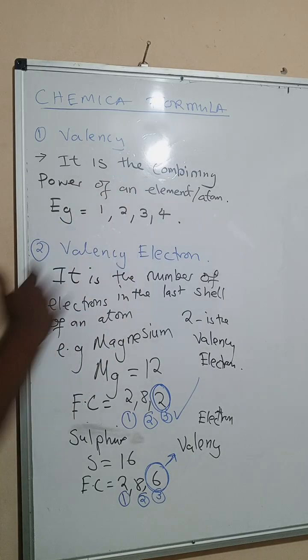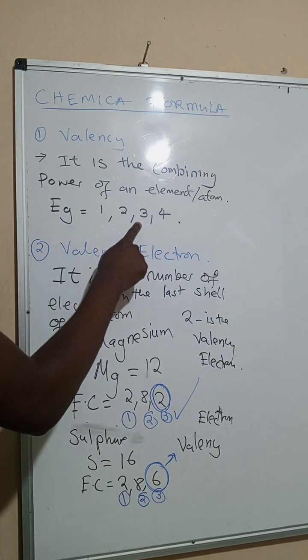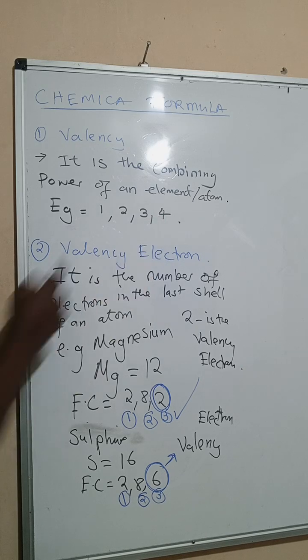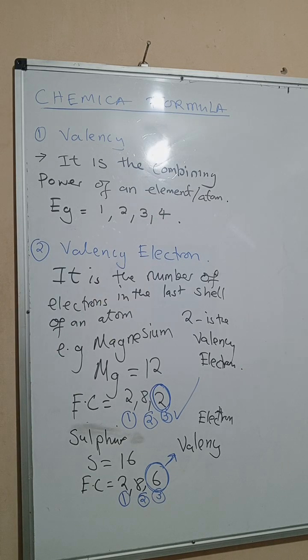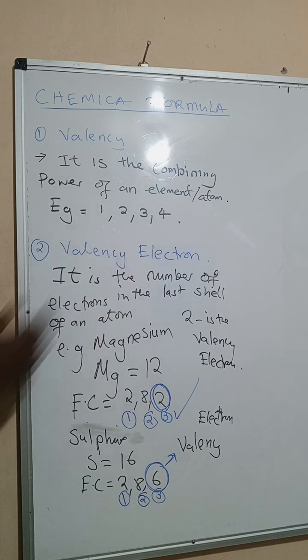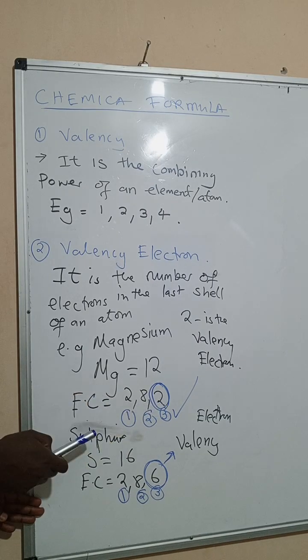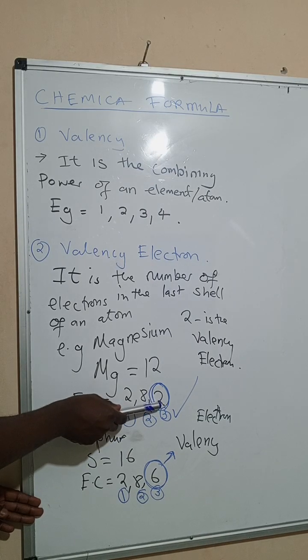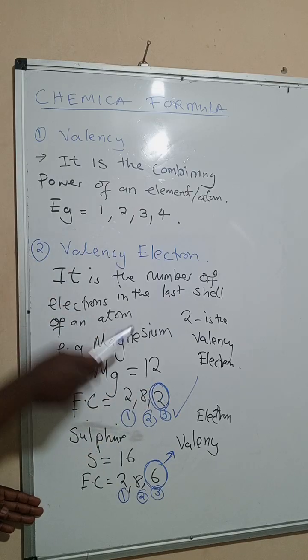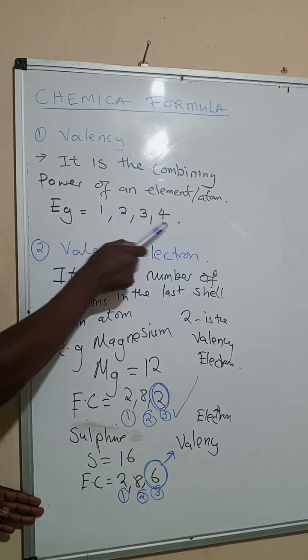Now, valencies only range from 1, 2, 3, and 4. So if I list an element and want to find the valency, it should not be above 4. For example, have you seen these two? Both are the valency, because 2 is found in the valency range.